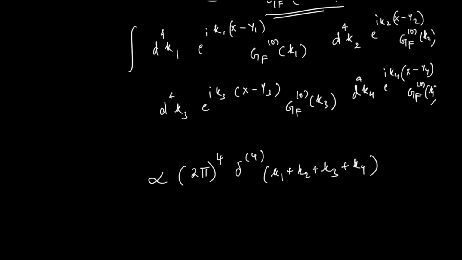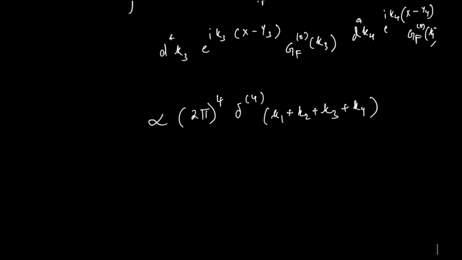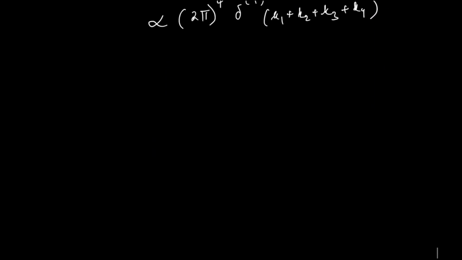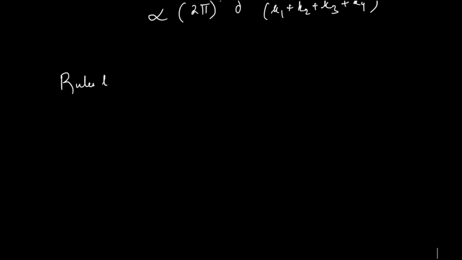It does not matter what the y1, y2, y3, y4, etc. are. It can be external or internal points, but at each vertex momentum is conserved. So what are the rules to compute the n-point function in momentum space?